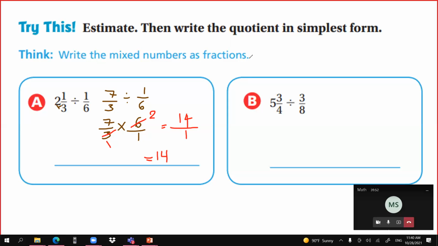Now B. Who wants to answer it? Yes, Rand. 5 and 3 over 4 divided by 3 over 8.